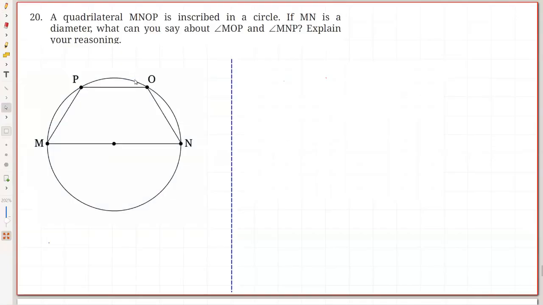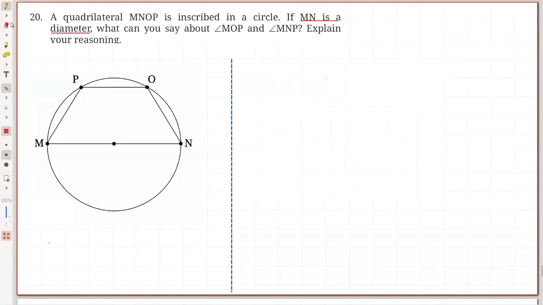Now I have taken a circle. Inside I have taken a quadrilateral MNOP such that MN is the diameter. They have given that MN is the diameter.